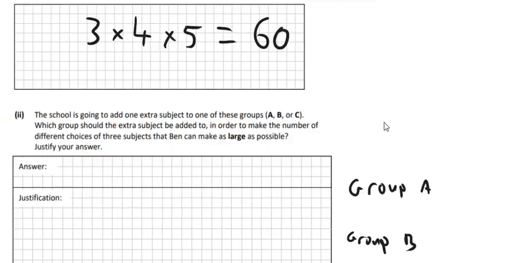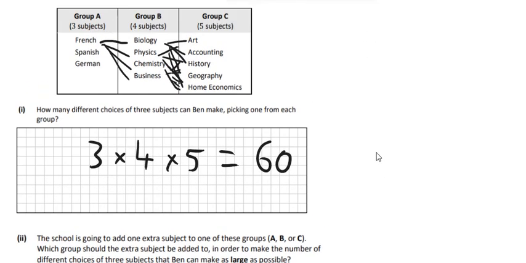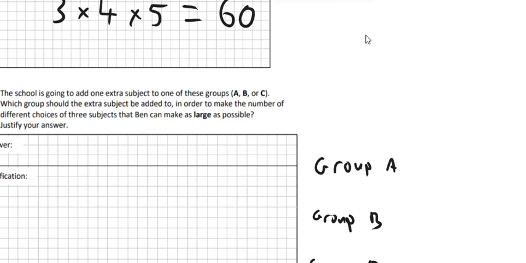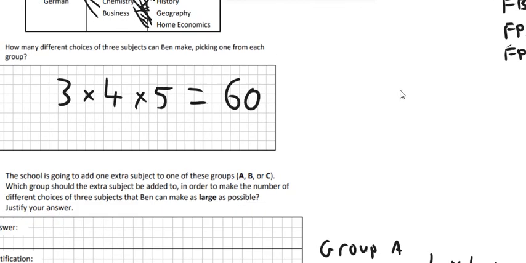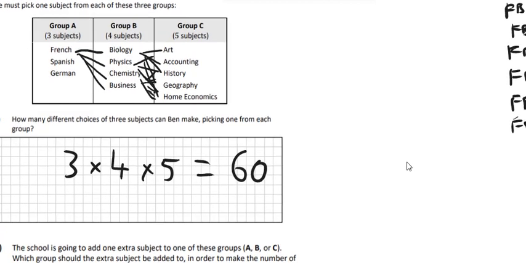So if you were to add an extra one to group A, there's already three subjects there. So that would make it four. So now you have four instead of 3 times 4 times 5. Now you've got 4 times 4 times 5. If you were to add an extra one to B, there's already four in B, so that would go to 5.